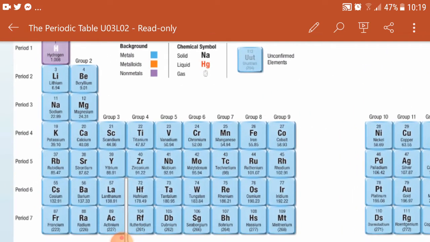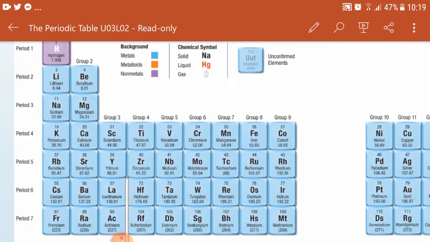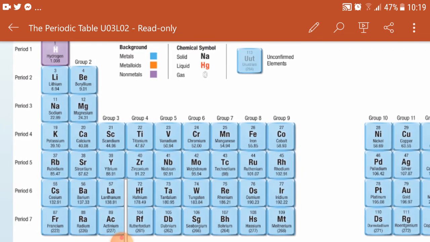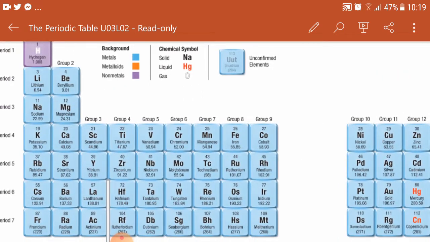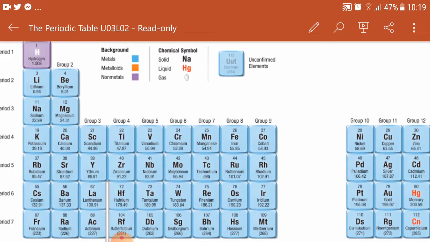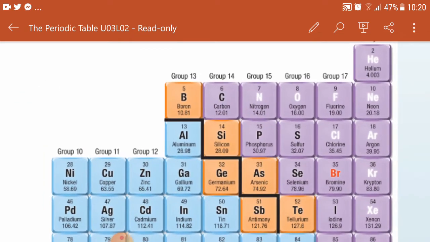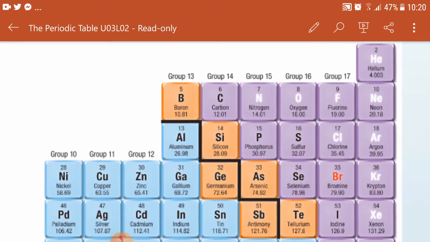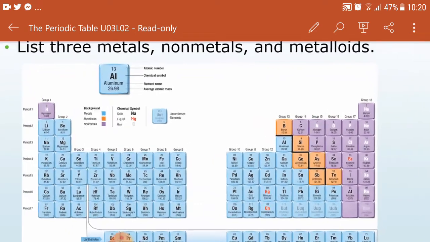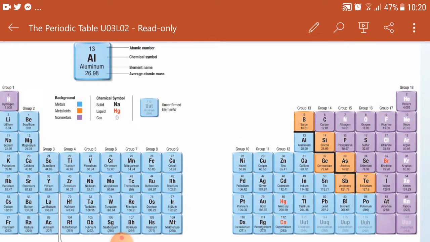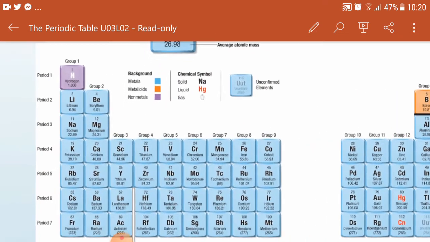Now, in the second period, lithium 3, beryllium 4, then boron 5, carbon 6, 7, up to neon, which has 10, and so on. We will start again from the next row.